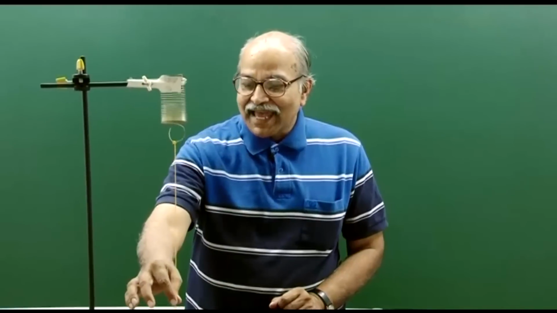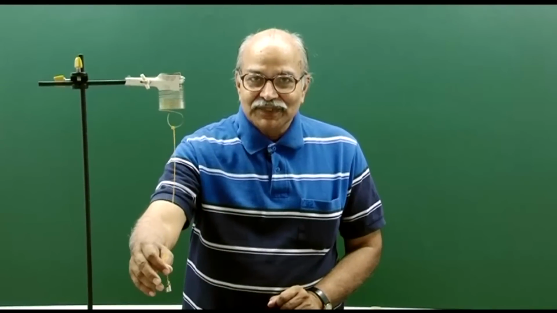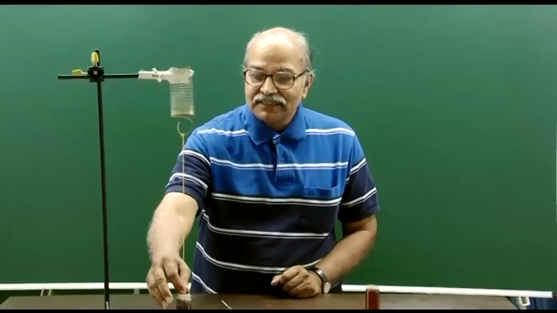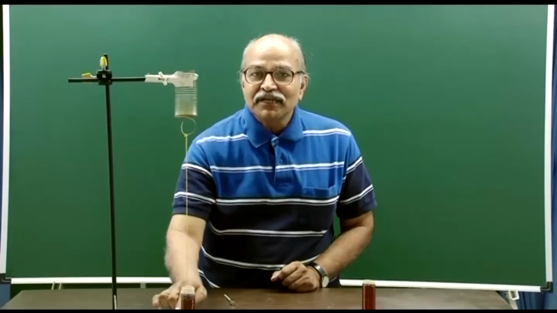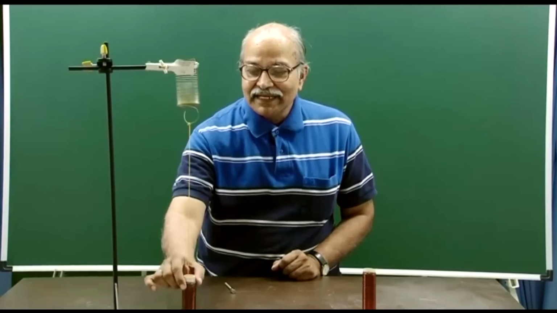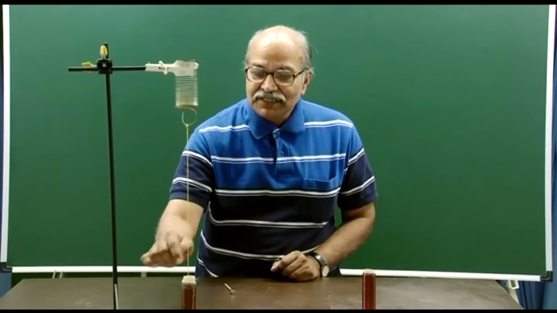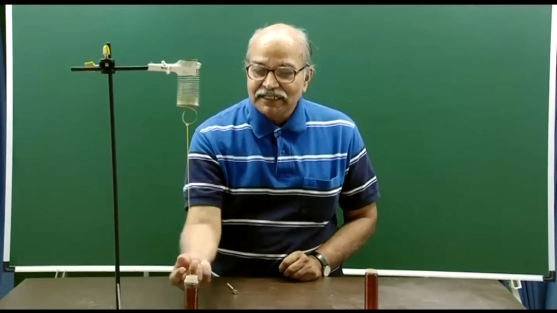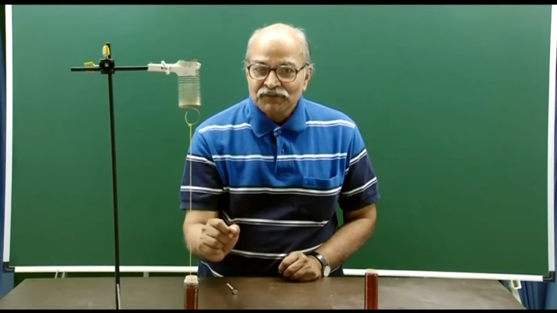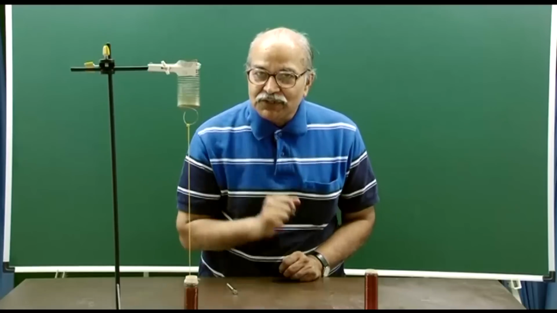A force is acting on this magnet which makes it oscillate, and a force acting on this magnet means there must be a current here. There must be a current in the solenoid which will produce a magnetic field, and that magnetic field will exert a force on this magnet. But how is that current produced?